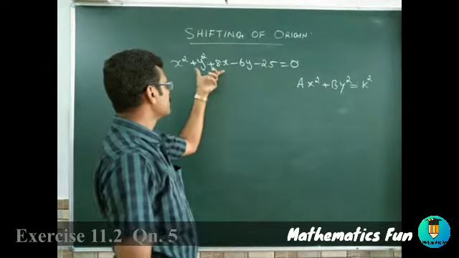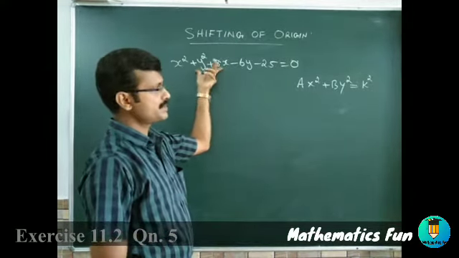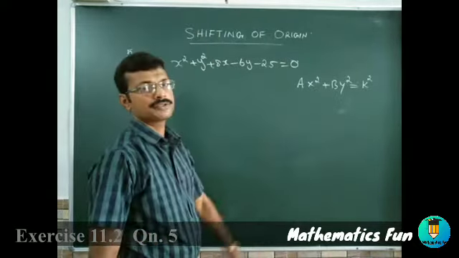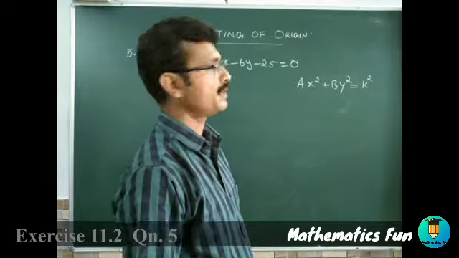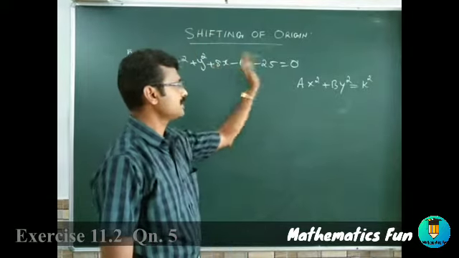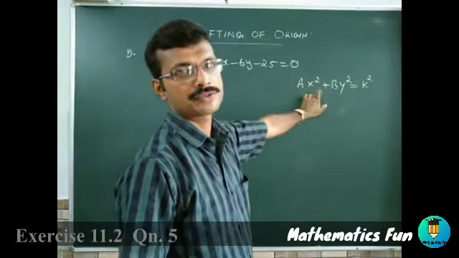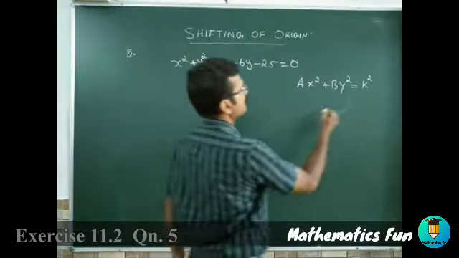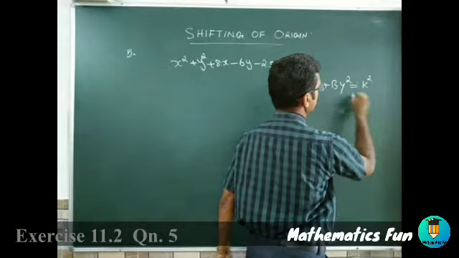They are telling us to change this equation into this form by shifting origin to a suitable point. We have to find out the point and we have to change the equation also into this form. So I am taking, let the origin be shifted to the point h comma k.